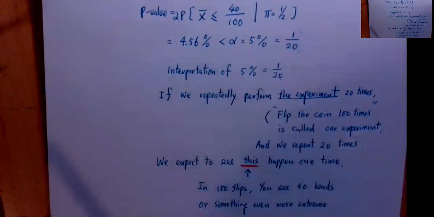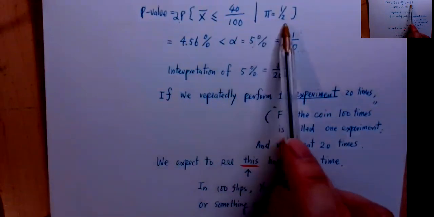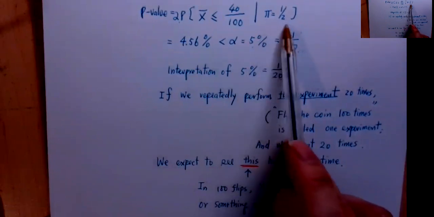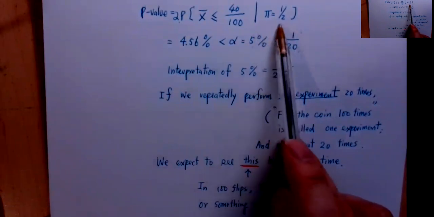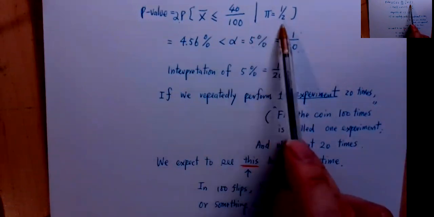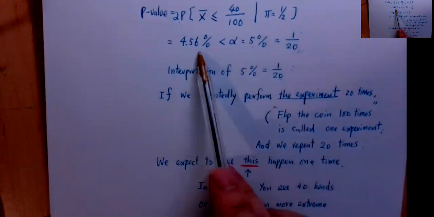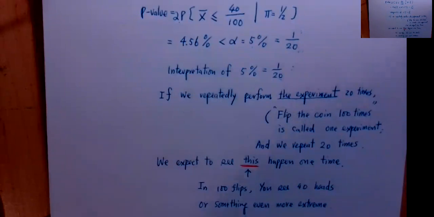Are you with me? And this is the reason why a small p-value supports H1, and a large p-value supports H0 is true, okay? So that's why a small p-value leads to the rejection of H0, not the large p-value.